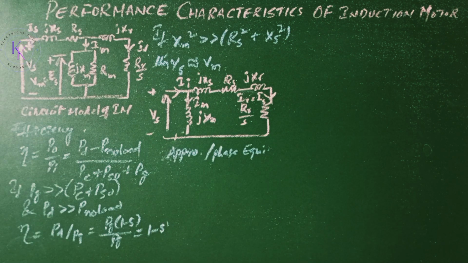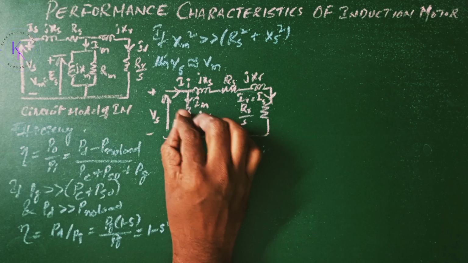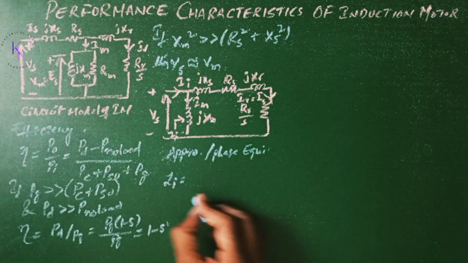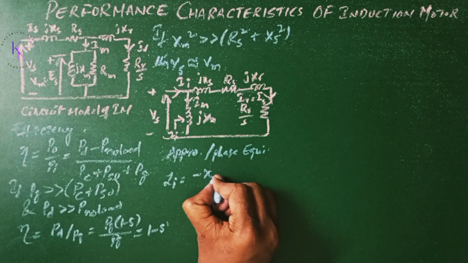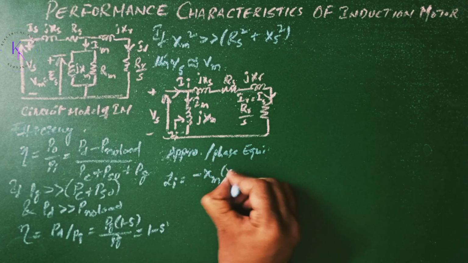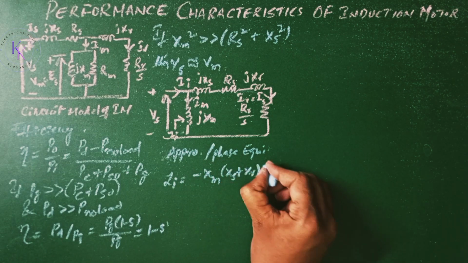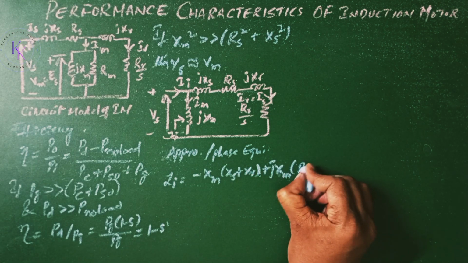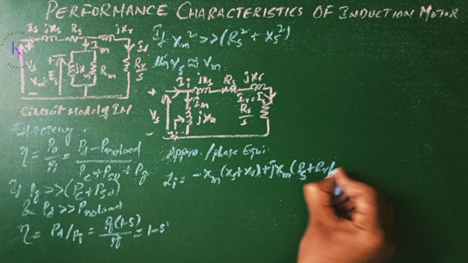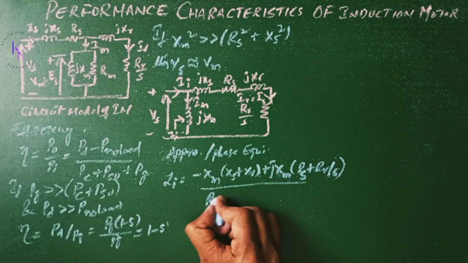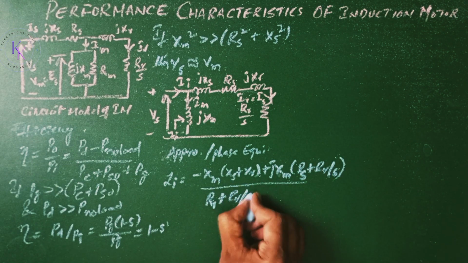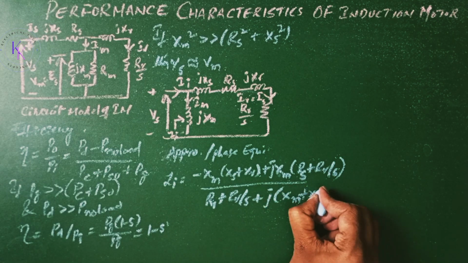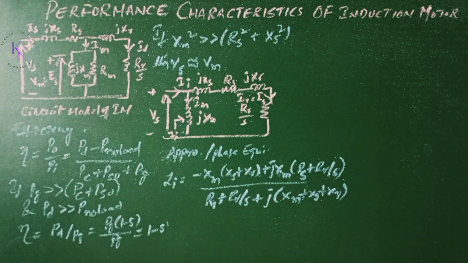Now, the input impedance Zi of the motor becomes Zi equals minus Xm times Xs plus Xr, plus j Xm times Rs plus Rr by S, divided by Rs plus Rr by S plus j of Xm plus Xs plus Xr.